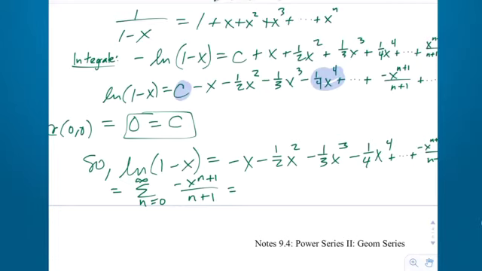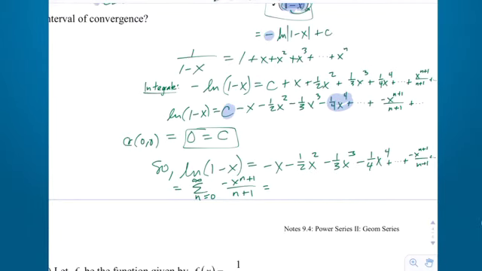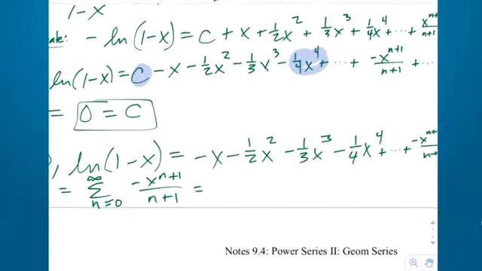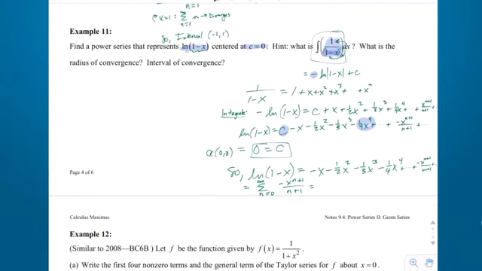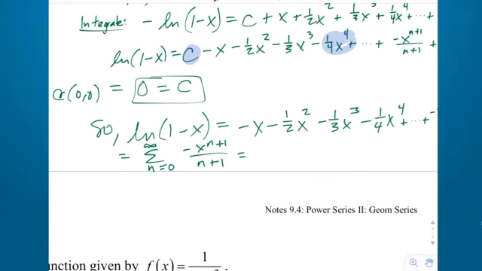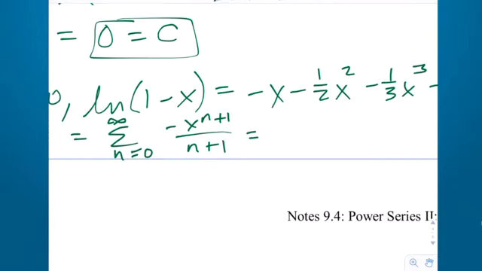Let's see if the endpoints work. What would be the old radius? Yeah, it was 1, okay? So if I test out the endpoints, if I plug in a negative 1, will a negative 1 work?